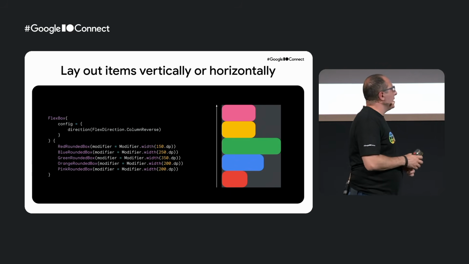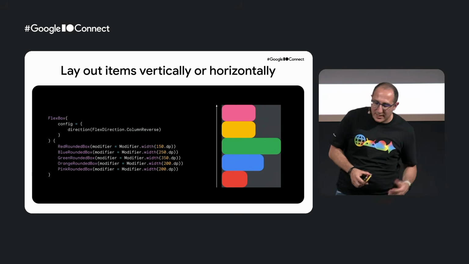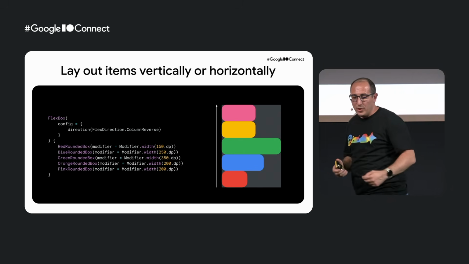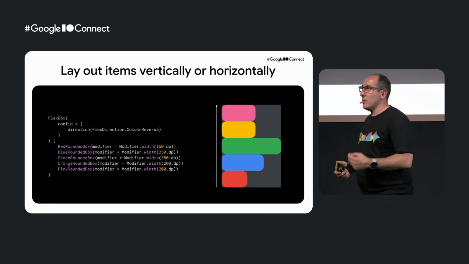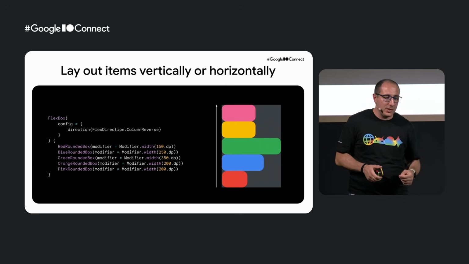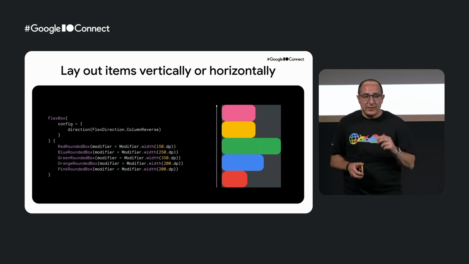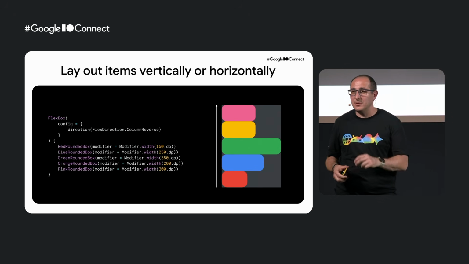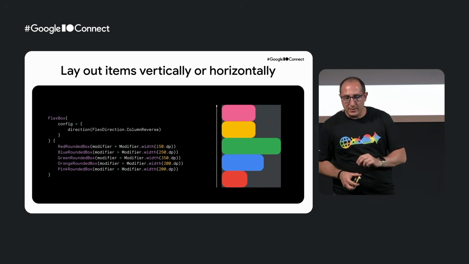OK, so to give a very quick example of how FlexBox works, we can use one line of code, well, three, but let's say one line of code, which is the direction. The direction is what tells the FlexBox how you want it to lay out the items.